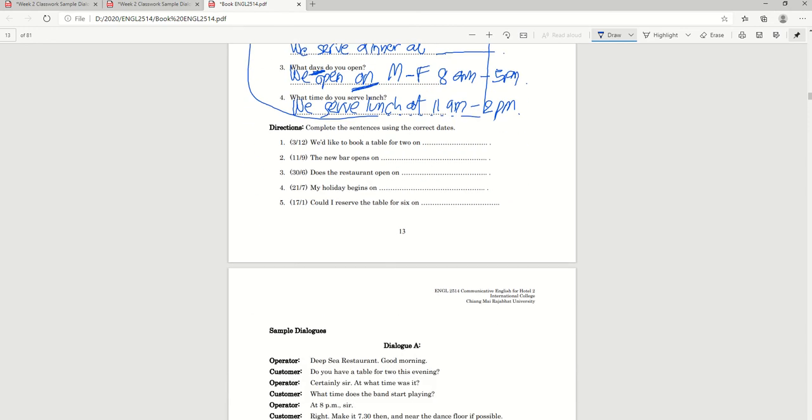And then another thing right here. This is something that you usually make a mistake about. It's about numbers, normal ones and abnormal ones. The normal ones are the normal numbers, like 3, 11, 30, 21, 17.